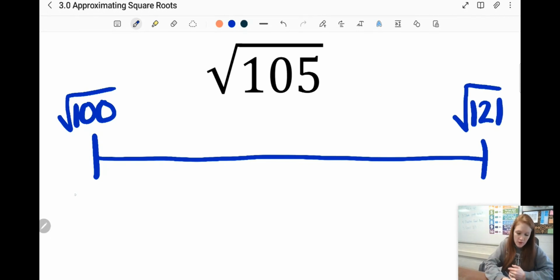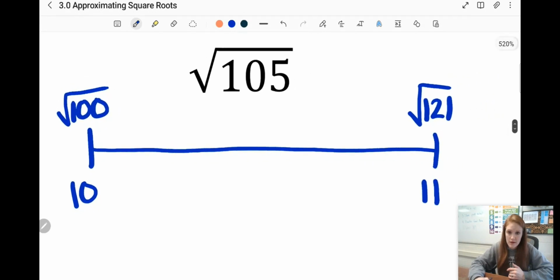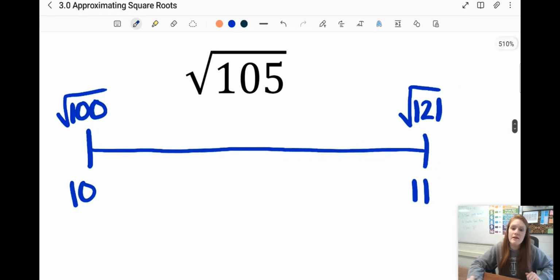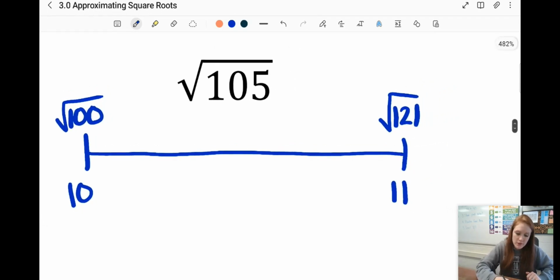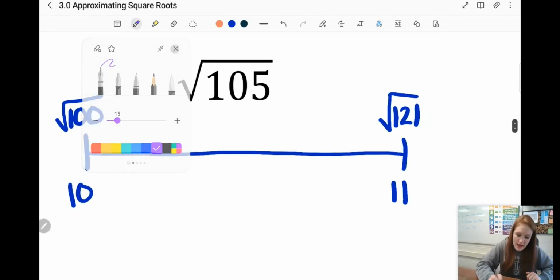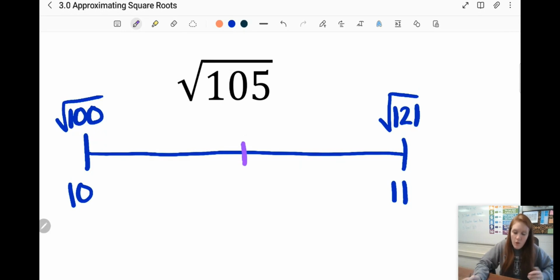So we know that we are between 10 and 11. Okay, so we're between 10 and 11. Now what we need to do is find this halfway point. What non-perfect square root is halfway in the middle of those?